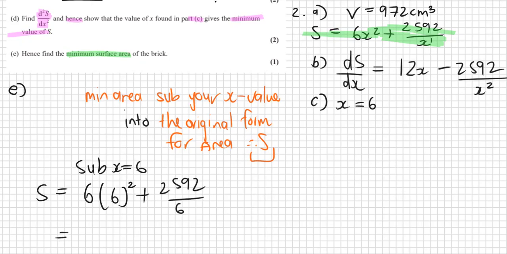This comes to 648, and just check that you're working in the correct units. I think we were working in centimeters, and for area, it's centimeters squared. And that concludes question 2.